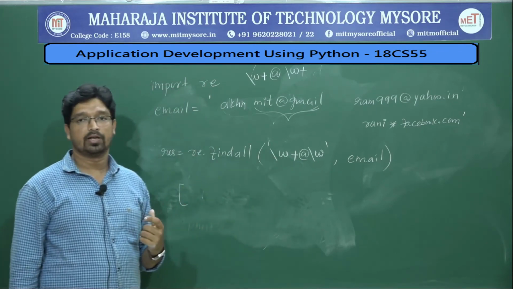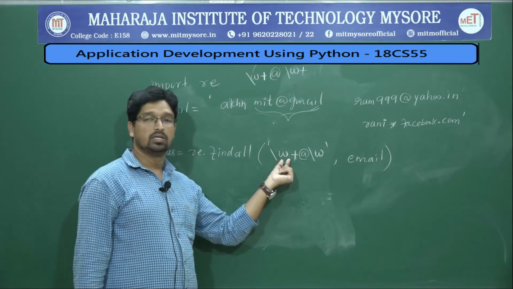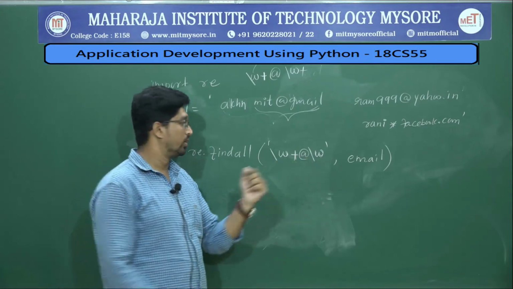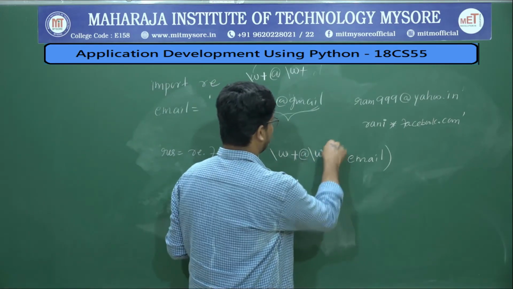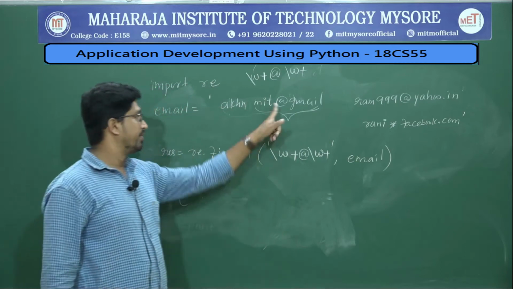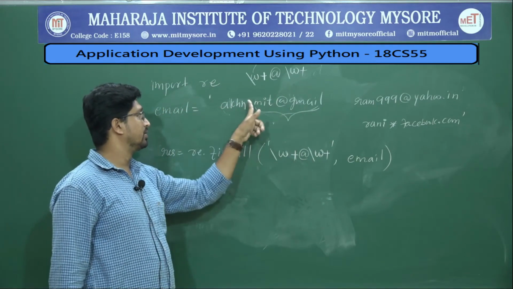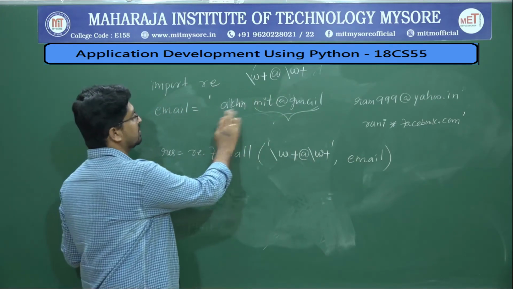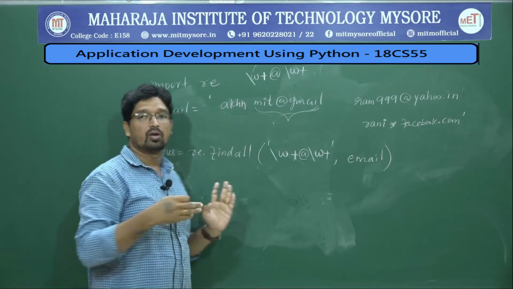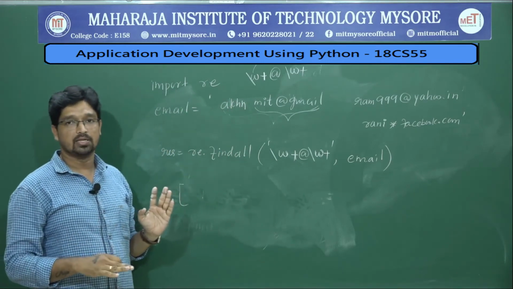As per the regular expression we have written, plus means any number of words. Here we have the at symbol, there is a word, and the space is not neglected. So akhn is not a proper result.